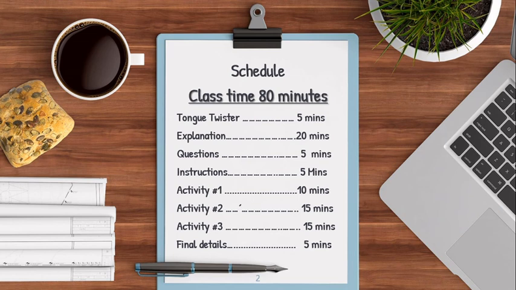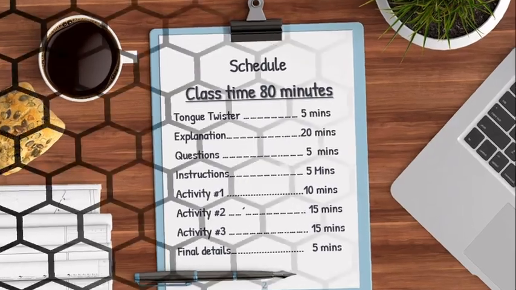For example, the first activity will last 10 minutes, the second activity 15 minutes, and the third activity 15 minutes. At the very end, I will discuss some final details for the following class, in which we are going to have a kind of speech. You will present something to me, but I will let you know at the end. So let's go on.